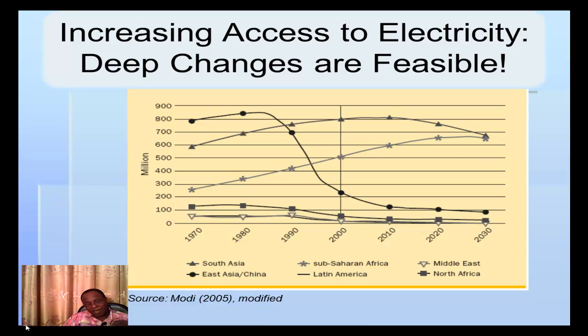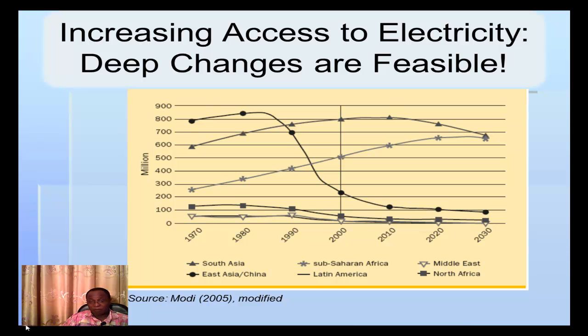And then they had a big dip, consistently over time, bringing their access rates currently to less than 100 million people, 100 out of 1.4 billion or so.